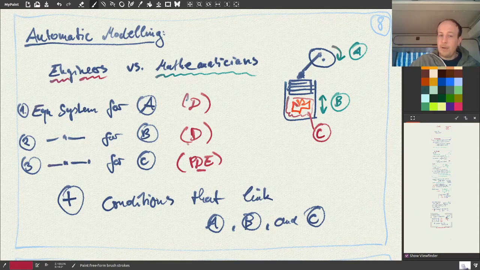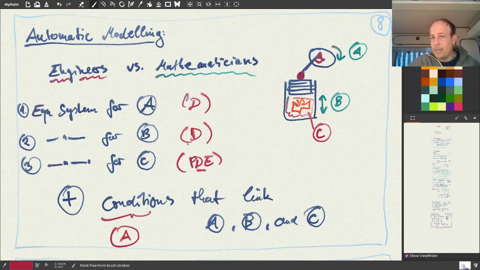But then you need to combine these, saying, for example, whenever this value is like this, then this value, so the angle should be like that. And these conditions will very likely be algebraic equations, because you just equate this position to an angle that is in the system.